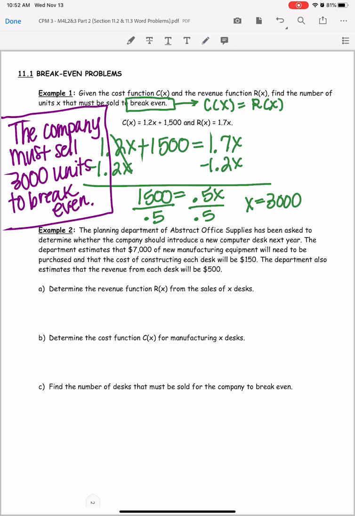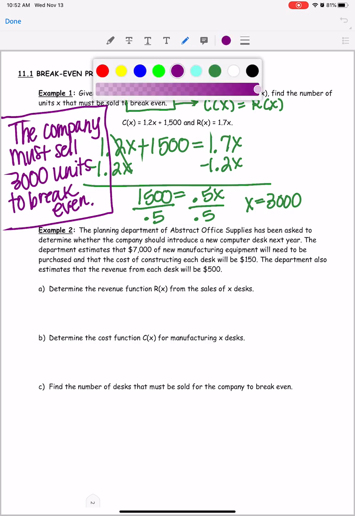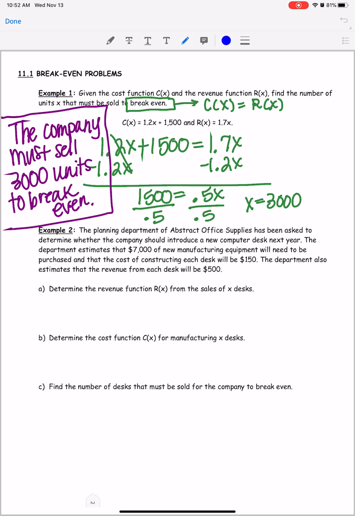Now let's try this again, but in this one, they don't really set anything up for me. They don't tell me what my R of X and my C of X equal. We've got to figure that out. So example 2 says the planning department of Abstract Office Sales has been asked to determine whether the company should introduce a new computer desk next year.